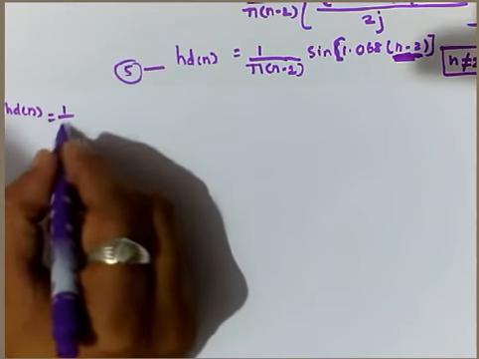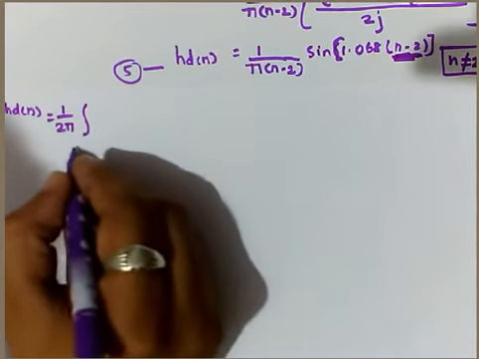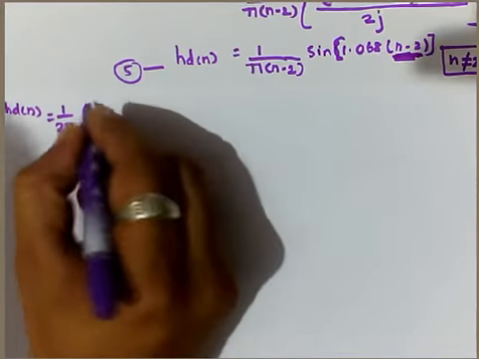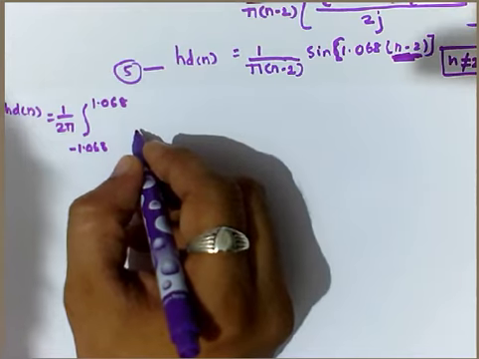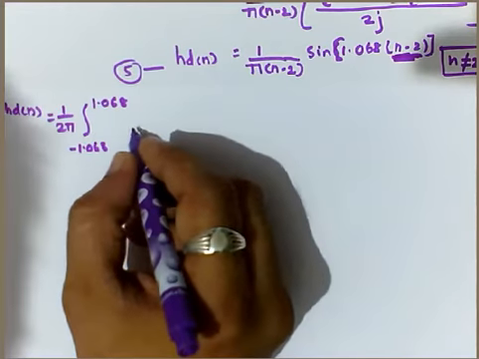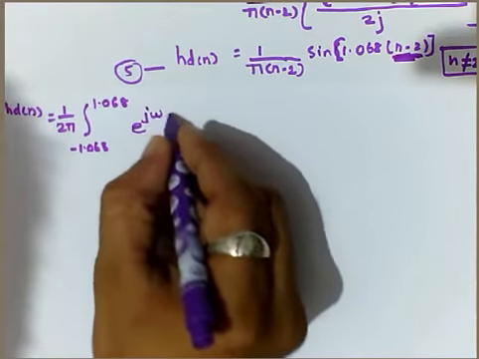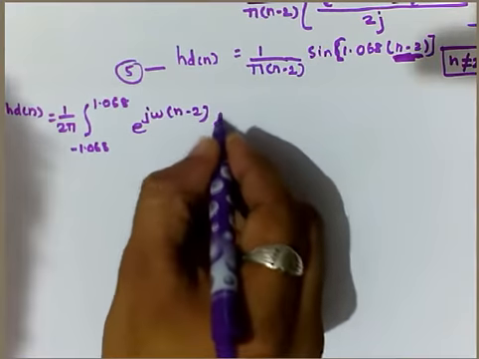The equation will be 1 upon 2 pi integral again from minus 1.068 to plus 1.068, the equation which we started with, e raised to j omega n minus 2 d omega.